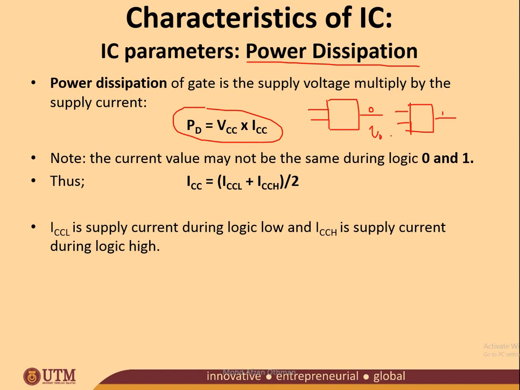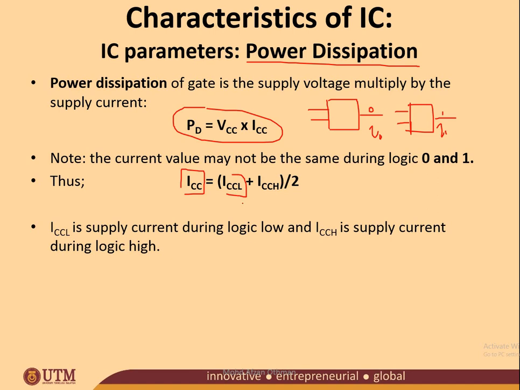For example, this one is I0, and let's say this one is I1, just to differentiate. The output currents I0 and I1 can be the same or can be different. That's why we need to consider this formula, where ICC is actually (ICCL plus ICCH) over 2.